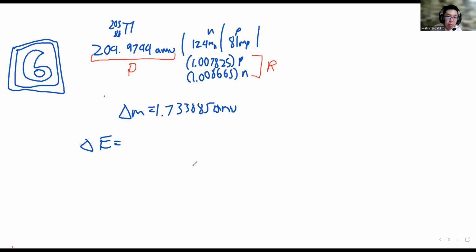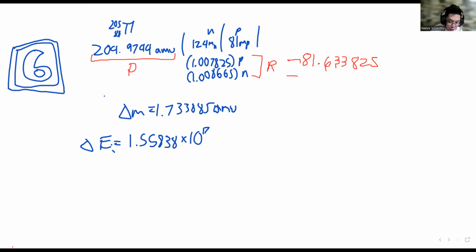1.007825 times proton is 81. So this should be 81.633825. And then for your neutron, 1.008665 times 124.